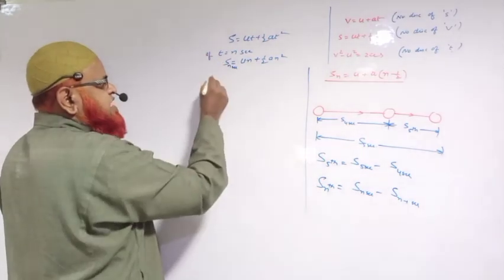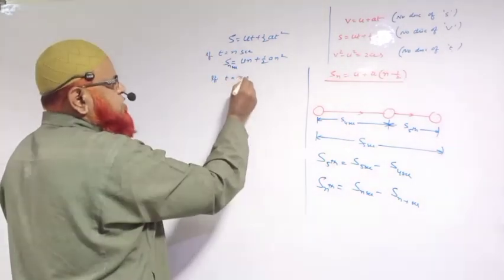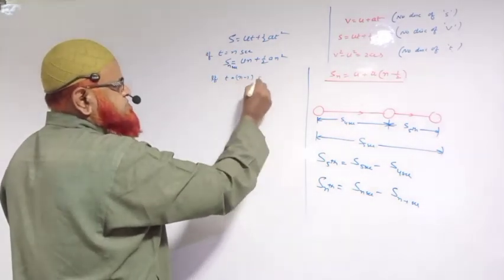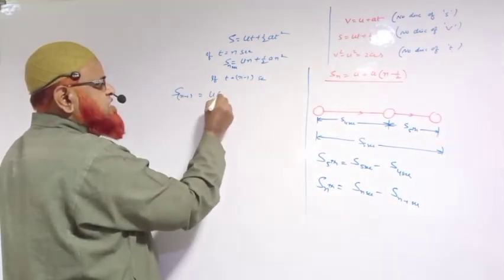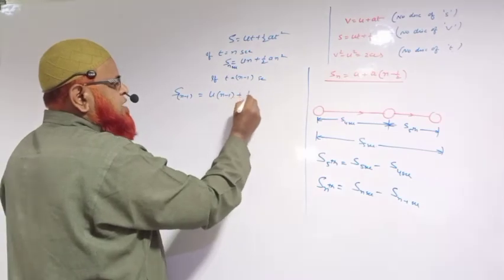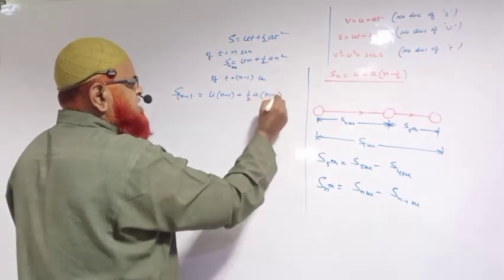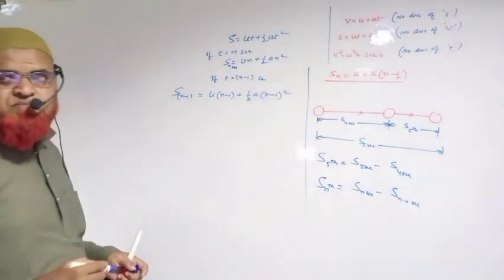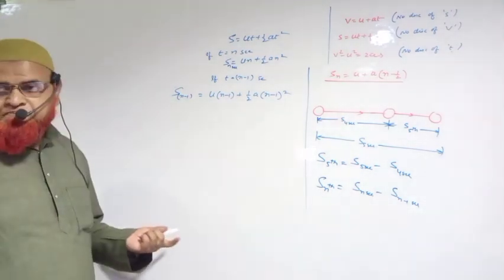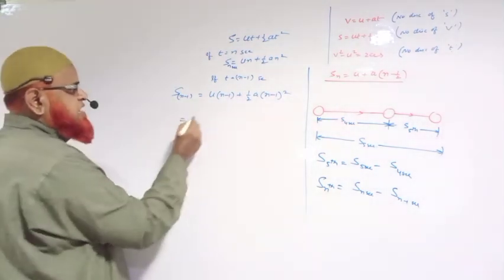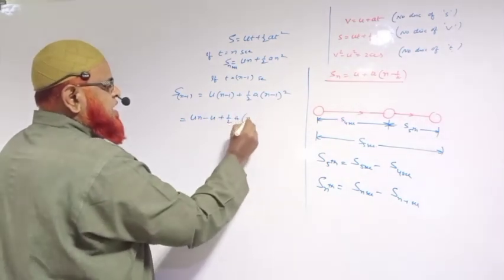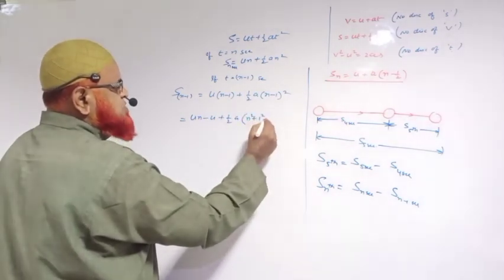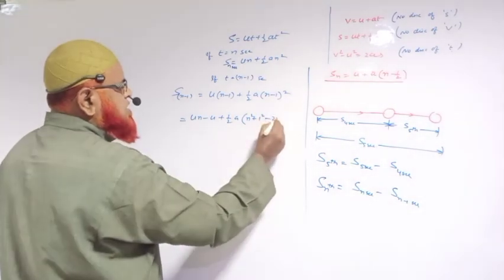Now the second case: if t is equal to n minus 1 seconds, then you can write this as S n minus 1 is equal to u into n minus 1 plus half a into n minus 1 whole square. So what I am going to do is simplify: un minus u plus half a into n square plus 1 minus 2n, using a minus b whole square, that is a square plus b square minus 2ab.